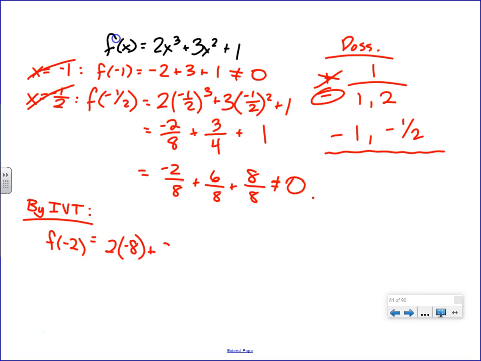Plus 3 times -2 squared is 4. Plus 1. Isn't that -16 plus 12 plus 1? -16 plus 13, -3? That's a negative number. And this is a positive number. Where's my really weird 0?